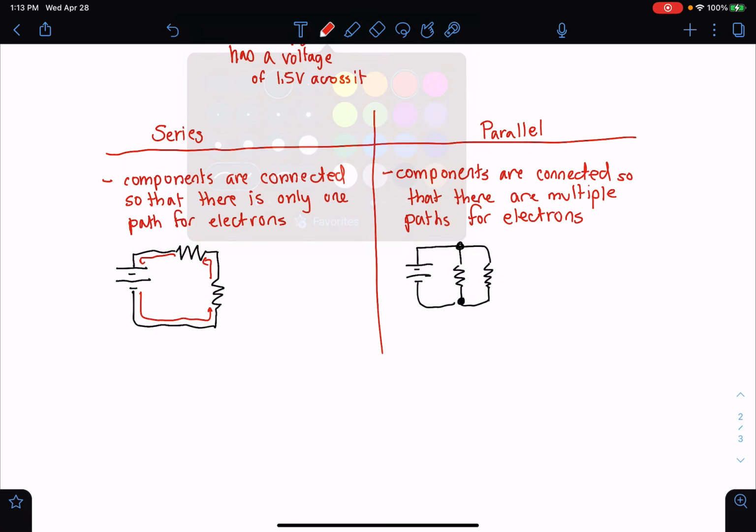So when you're looking at how your electricity is flowing, it's going to start here, it's going to go this way. Some of the electricity will go through this path, some of it will go through this path. And then they will recombine at this point right here and then go to the other side of the battery. So there's more than one possible way for the electrons to move. They can move through the first branch or they can move through the second branch. That's what makes this a parallel circuit.